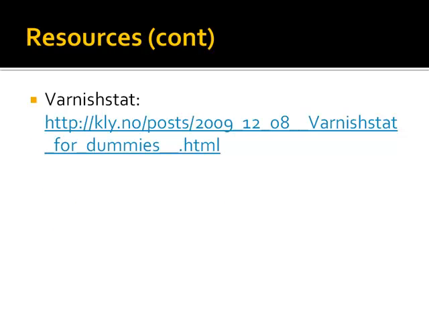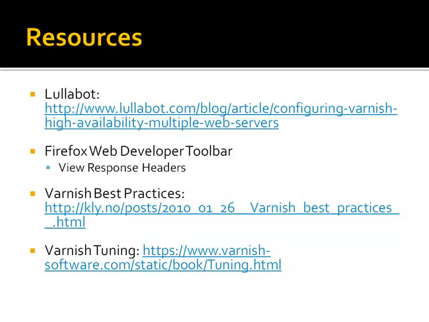So the best practices was how do you set up the parameters for how many threads you're going to do, where are you going to stick the memory cache, how big. In our case, the memory cache was a gig, and our site fit in that completely, and then some. When you say where you're going to stick it, what do you mean?